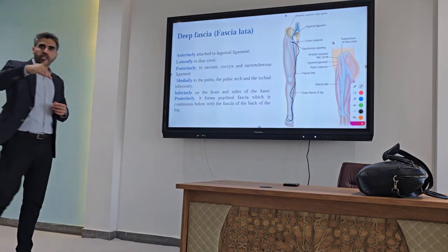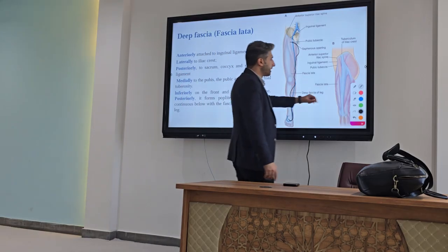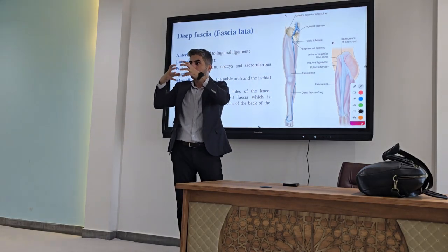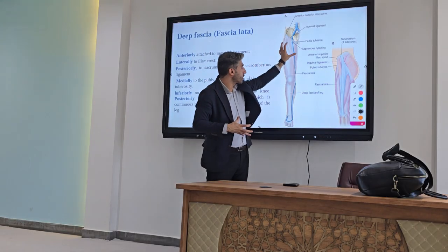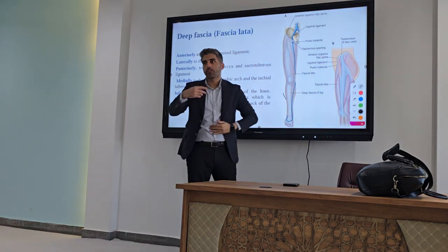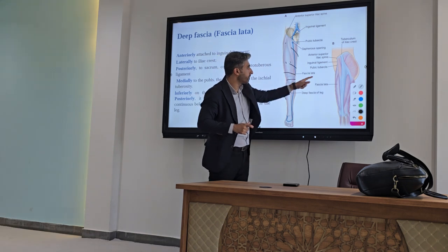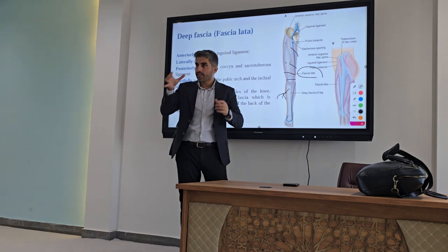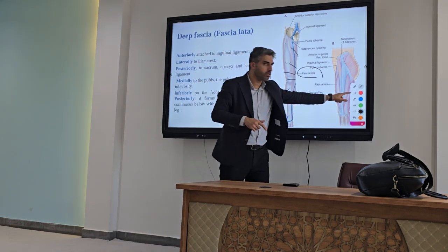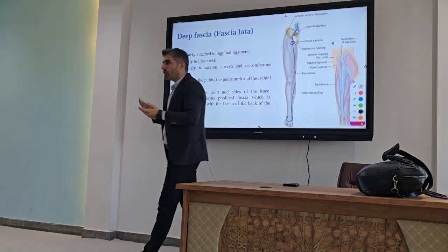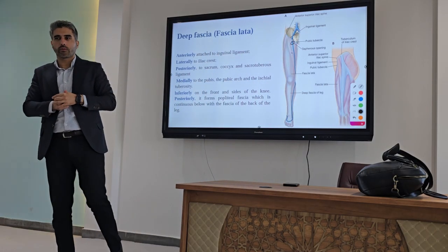So, let's check again. I told you, the deep fascia covers the muscles in the lower limb. This picture is deep fascia. In the thigh, it has a name. We say fascia lata. This deep fascia has one foramen, the saphenous opening. Which structure passes through this foramen?